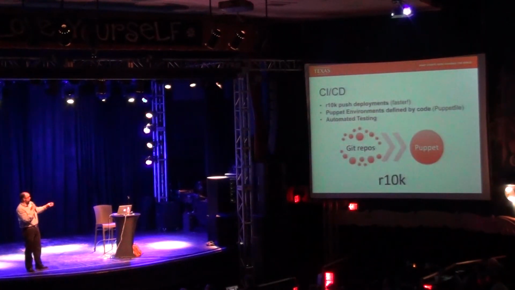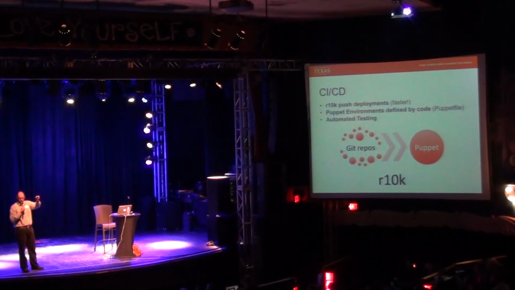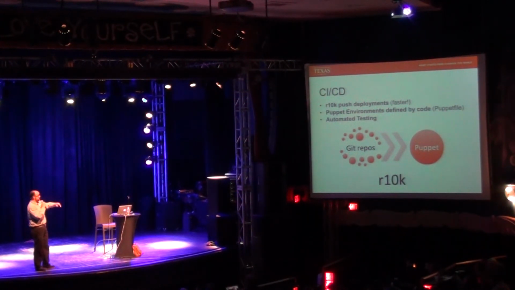One really cool thing about R10K, and there's a great blog entry that I wish I had put up on the slide. Maybe some of you Puppet folks might know what I'm talking about. There's a lot of good stuff on R10K. Robot 10,000, by the way, is what it means.